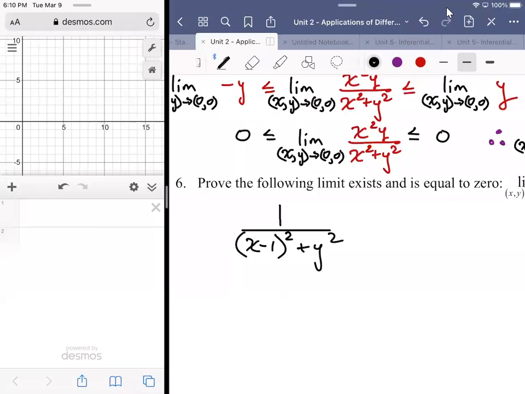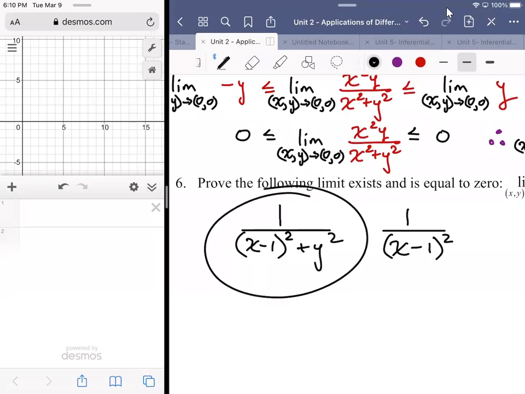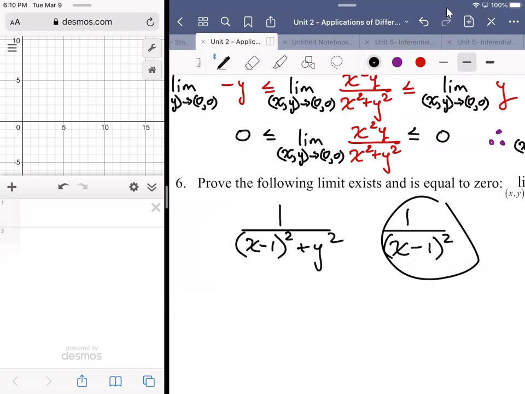I know, for example, that 1 over x minus 1 squared, one is getting divided by less here than it is in this original fraction. So that means that this fraction here has to be greater than or equal to the other fraction, right?